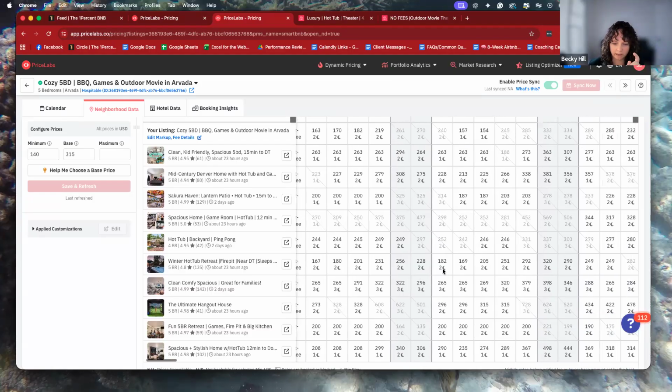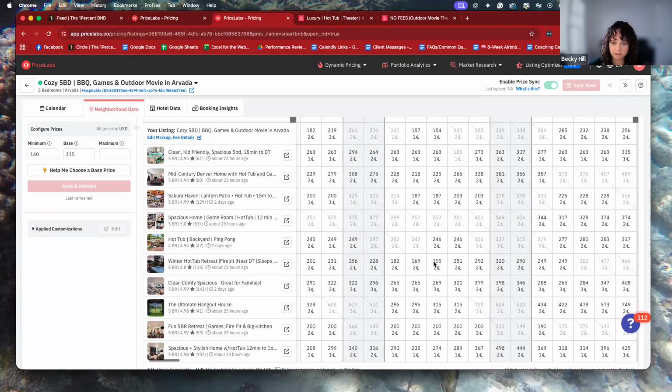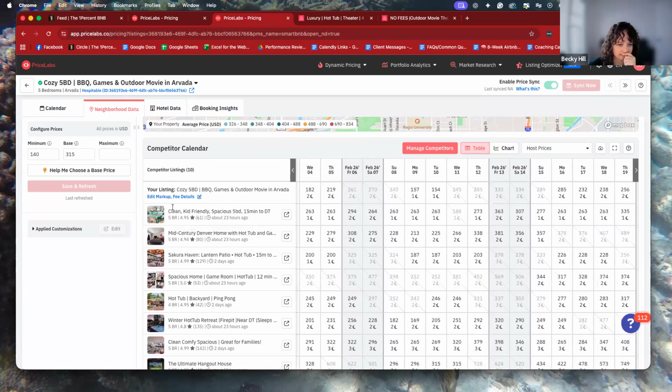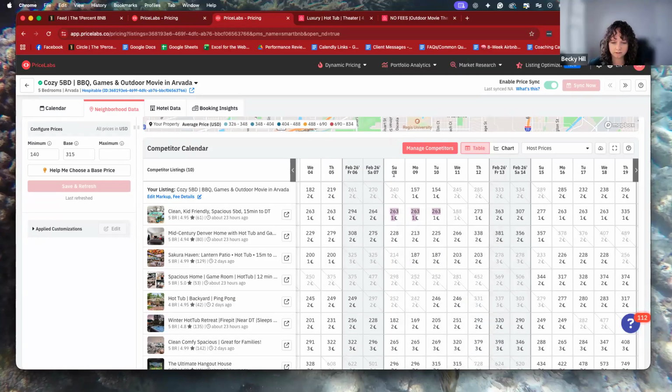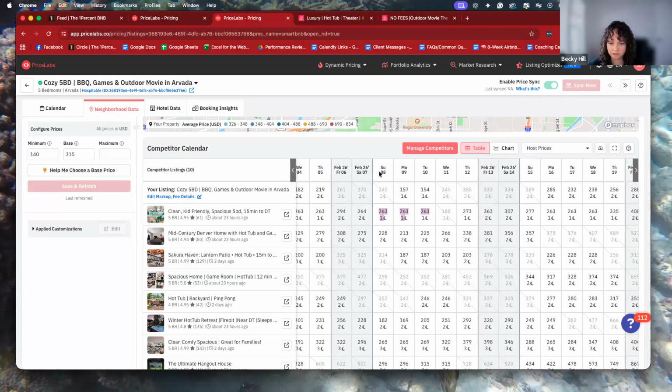If you really want to compare, you can say, okay, what is this person, Clean and Friendly, supposedly making, $263 for these nights. They're available. So 2 nights, if you did Sunday through Tuesday, that'd be 2 nights. So 263 times 2.